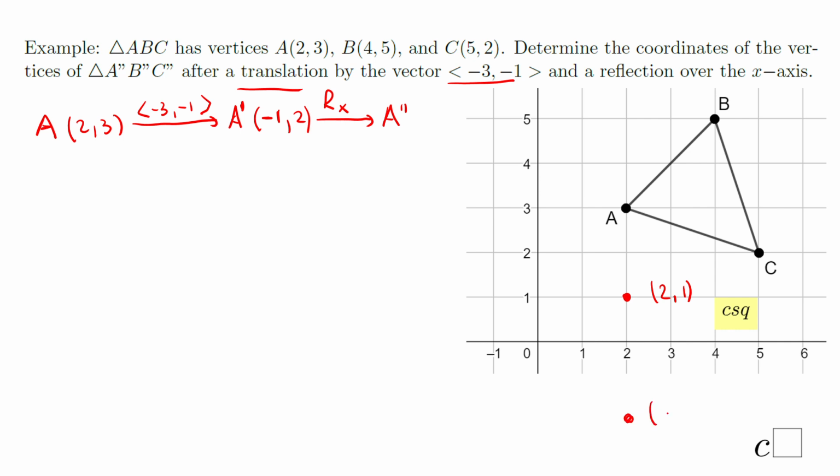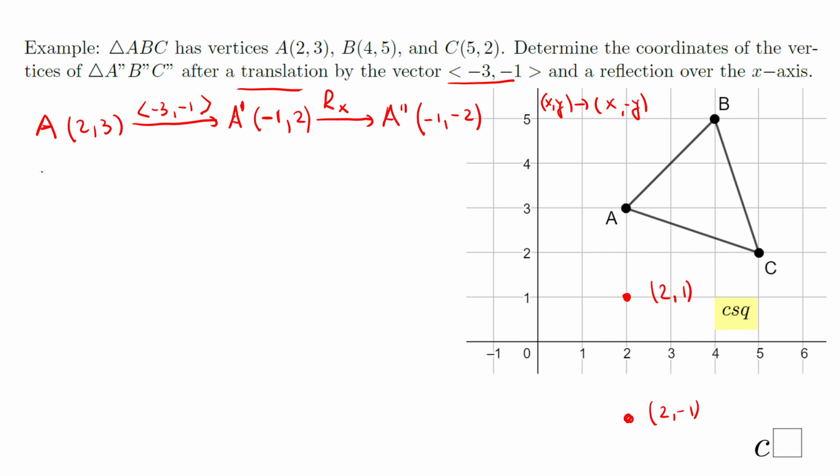It's going to be here, it's going to be 2 and -1. Okay, so probably somewhere I will say this, (x, y) becomes (x, -y) for the reflection, right? And that's the rule. So let's apply the rule here, and which says keep the x, keep that -1, and change the y, make it -2.